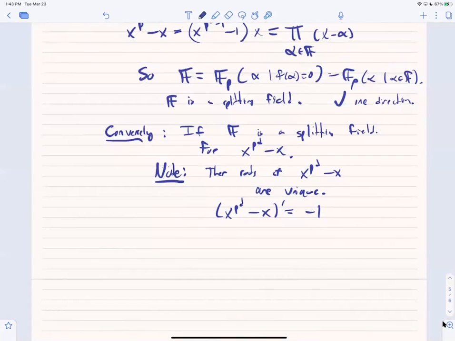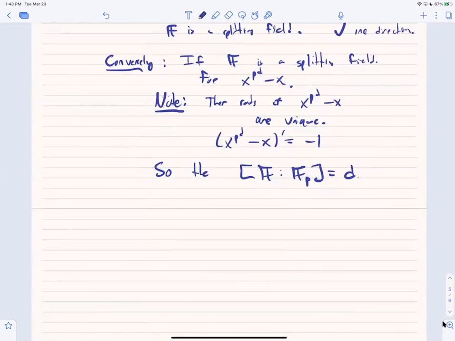So then, this thing has to have at least p to the d elements, so its degree has to be at least d. Yeah, probably I'm still going to get in trouble here.